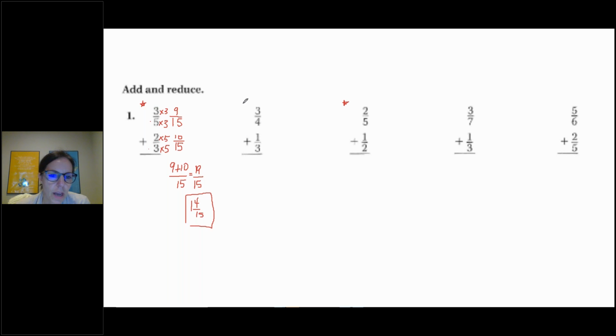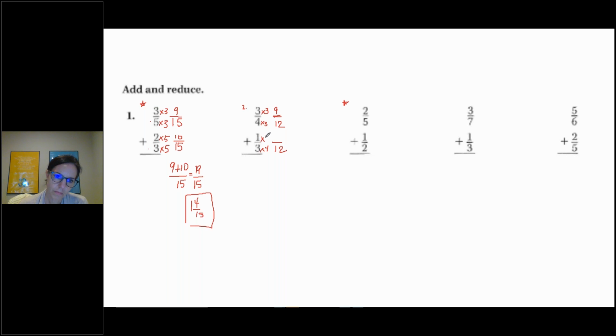I think we have enough room to do the rest. So this new denominator for the second one would be what? 12. Yep. So multiply this one by 3. What do you get for your new numerator on the top? 9 over 12. 3 over 12.